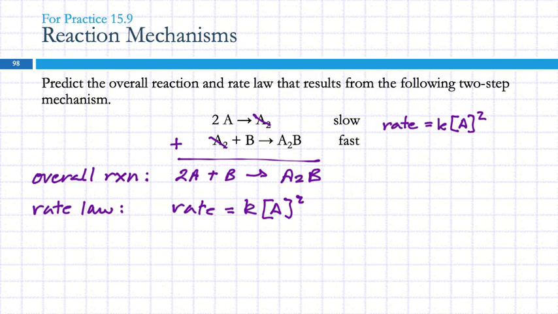The other thing that can happen is that students remember this more, and then you get one where the first step is fast and you still try to do it just by looking at the mechanism, and you end up with the wrong thing. Okay, so those are pitfalls to watch out for. Any other questions?